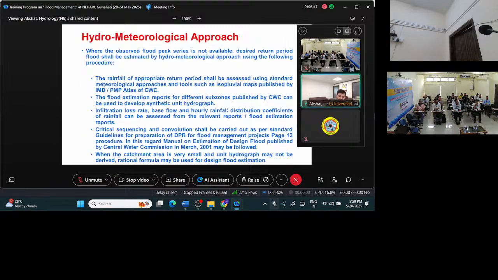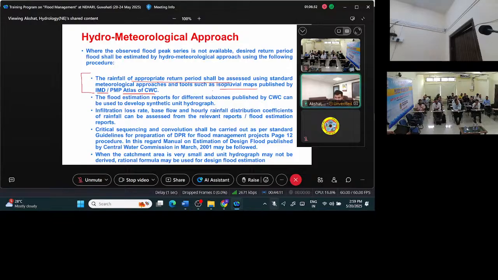So if you do not have a long series, we go for the hydrometeorological approach. The hydrometeorological approach is where an observed peak series is not available. However, we need to find the desired return period flood. In this case, the rainfall of appropriate return period is assessed using standard meteorological approaches and tools such as isopluvial maps published by IMD, or we can also use the PMP atlas of CWC.